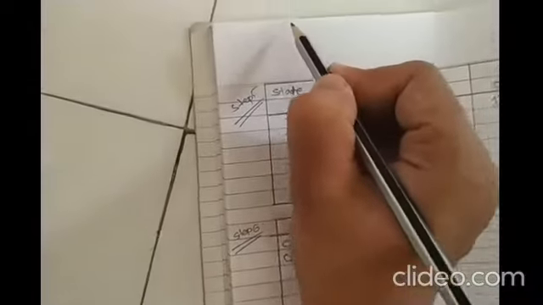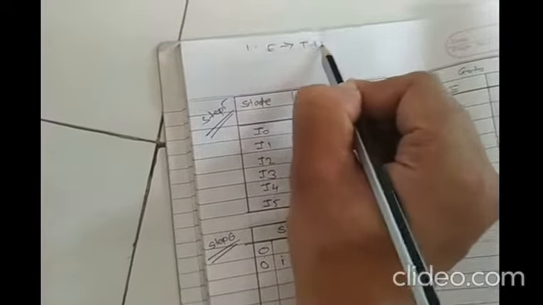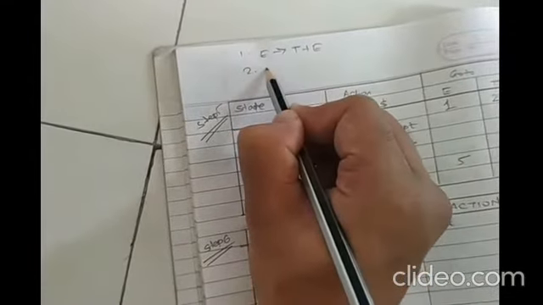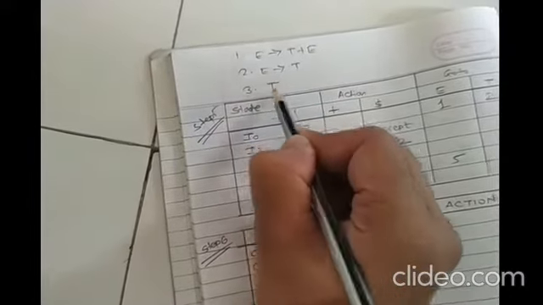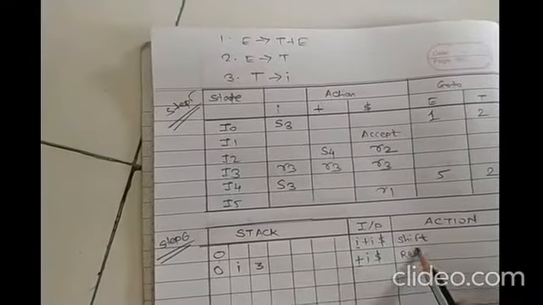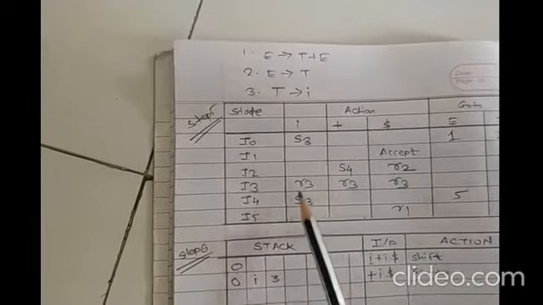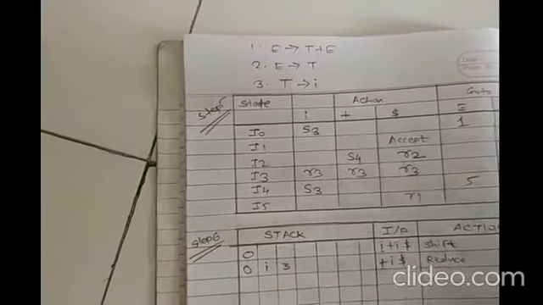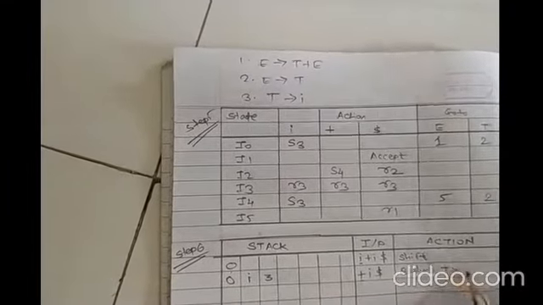The first production is E tends to T plus E, the second is E tends to T, and the third production is T tends to I. So 3 on plus is R3, so reduce with the third production, T tends to I.